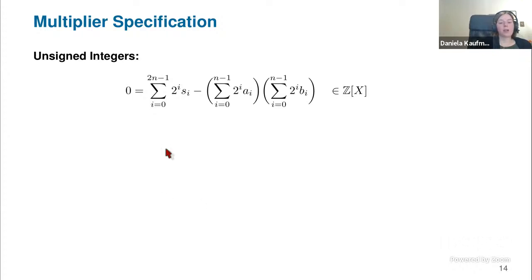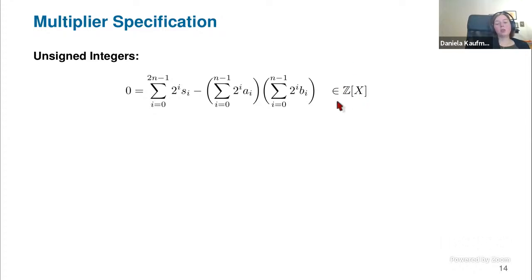It's encoding that the output bit vector, written down here as a weighted sum, is equal to the product of the input bit vectors. And together with the specification, because we are talking about polynomials, we also need to fix the polynomial ring.